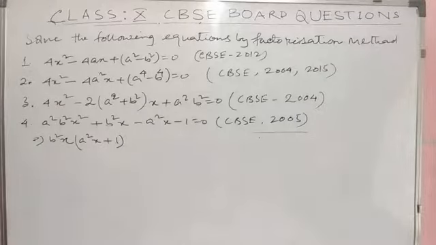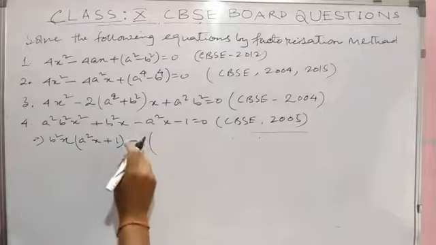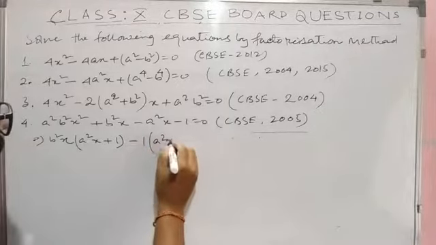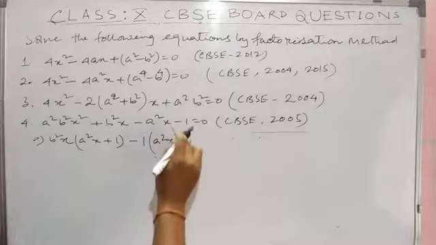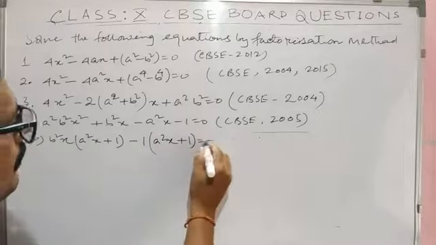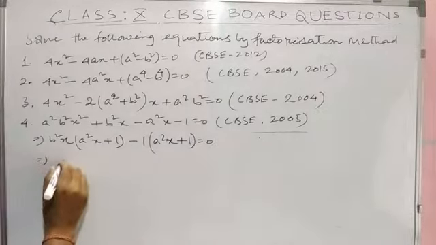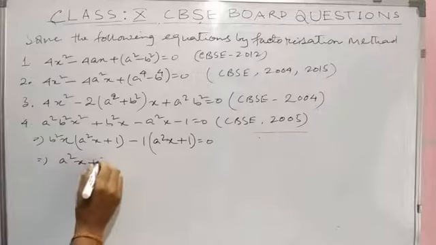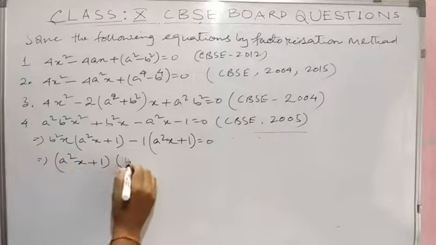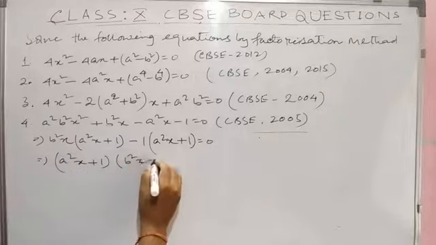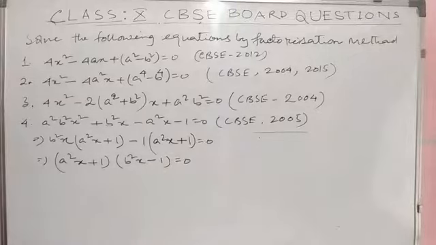Next between these two, minus 1 common. So we get a²x + 1 and this implies that (a²x + 1)(b²x − 1) equal to 0.